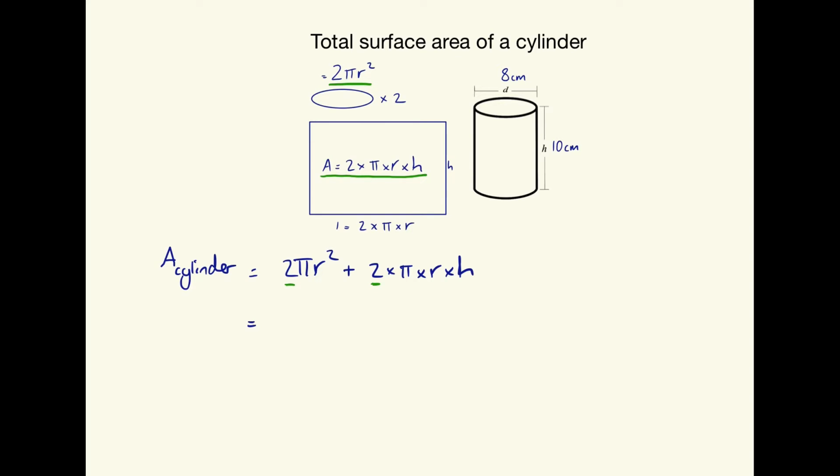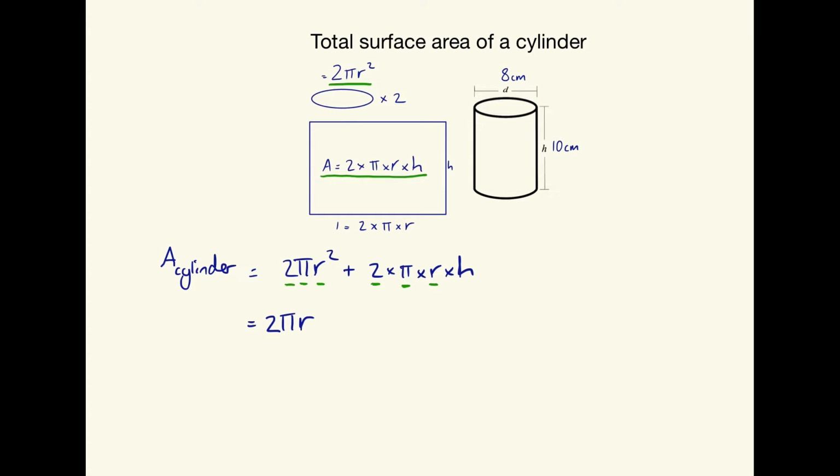They're common factors. What else is common? Well, we've got pi. They're common. And one of our r's is common as well. So here, one of our r's is common with the r here. And then we're going to rewrite that. We're going to put those common factors on the left, and then everything else will go in brackets. So 2 pi and r are our common factors.